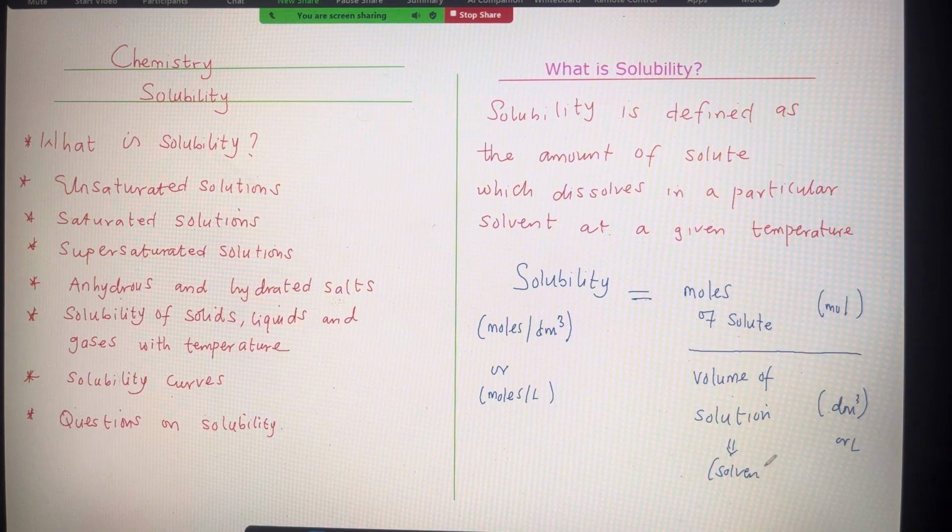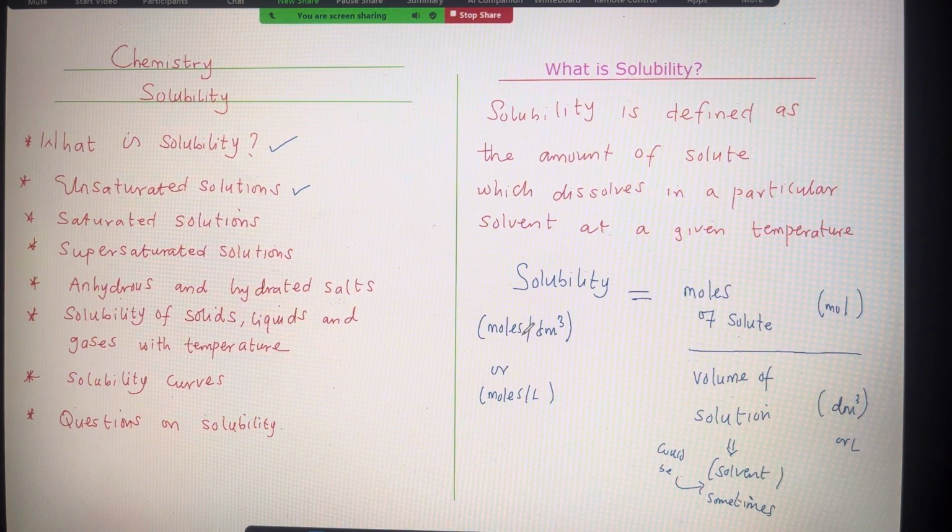Back to the arrangement here, we said you can have the volume of a solution, or sometimes it could be the volume of a solvent. And apart from what solubility is, we've learned now that this formula here, moles of solute divided by volume of solution, helps us. Now we're going to check out what unsaturated solutions are.